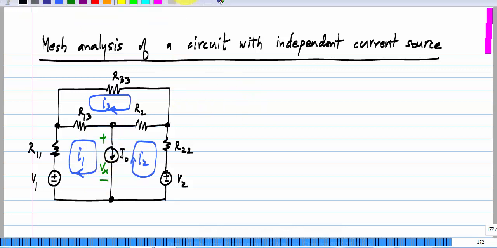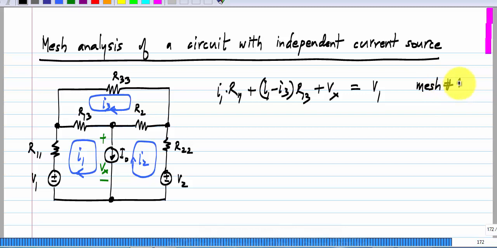Now if I write the KVL equation around the first mesh, I will get I1 times R11 plus (I1 minus I3) times R13, which are the voltage drops across R11 and R13. I don't know the voltage drop across this current source, so I'll just label that Vx, and that should be equal to the voltage rise V1. So this is for mesh number 1.